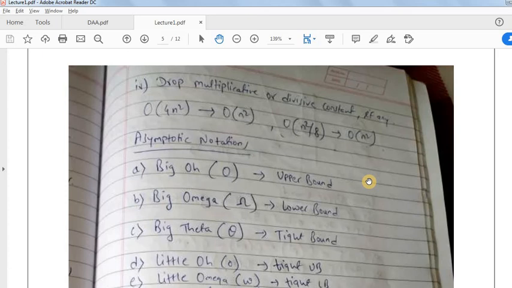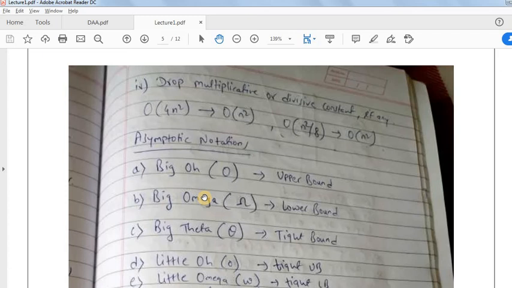This big O notation will give us the idea about the upper bound, what can be the maximum time required for executing a particular algorithm. This upper bound will be given by big O type of notation. Big omega notation will give us an idea about the lower bound for a particular algorithm, the lowest possible time required by an algorithm to execute.